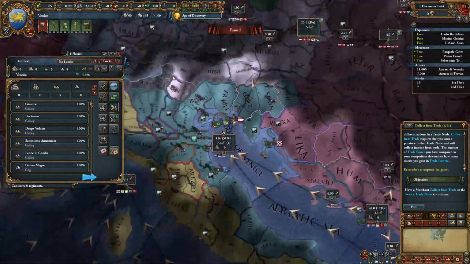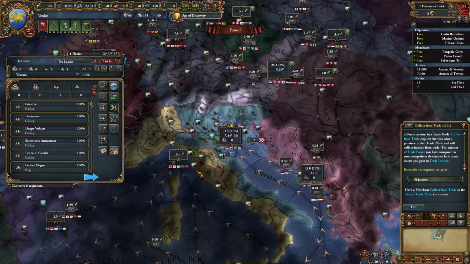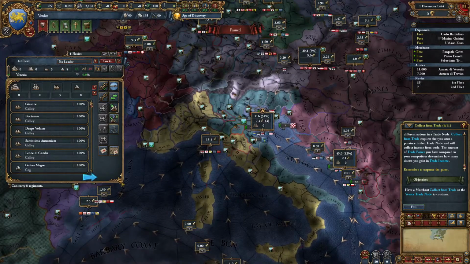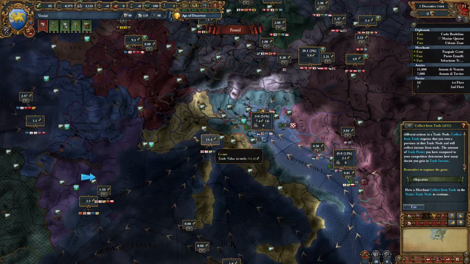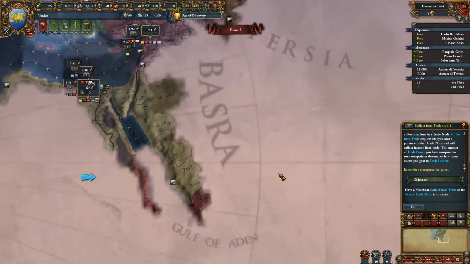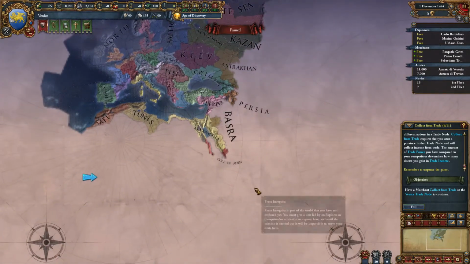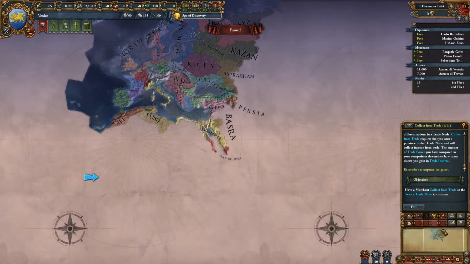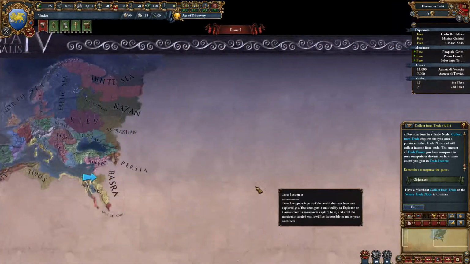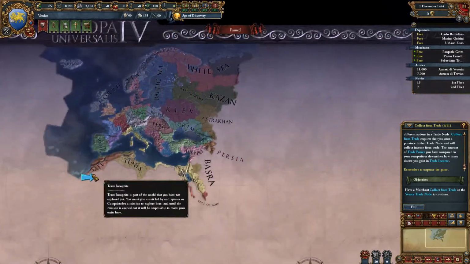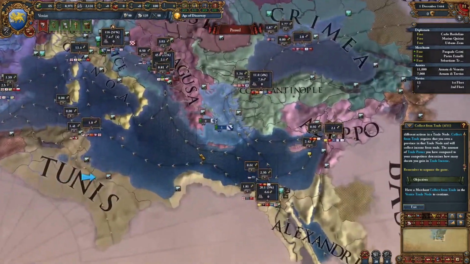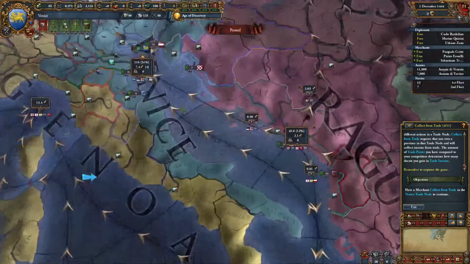Okay. What? Oh. You want us to go where? Is that pointing to... I don't get that. The arrow's pointing to nothing. We broke the game already.